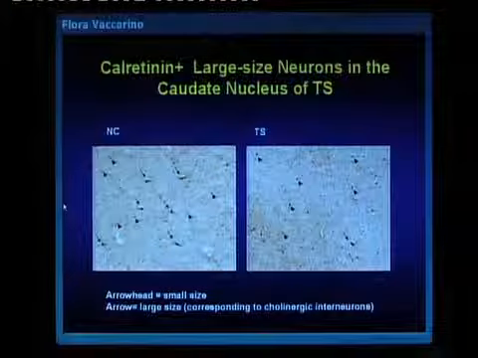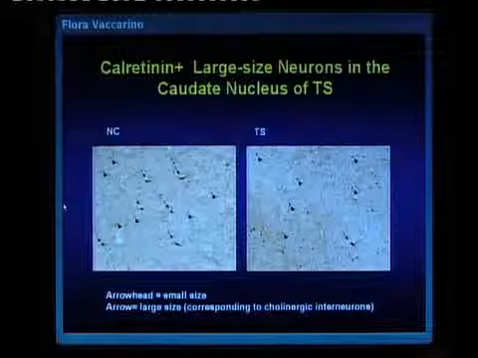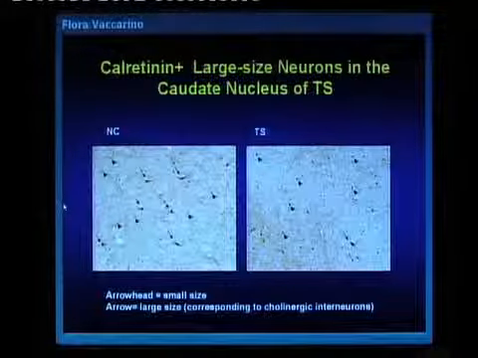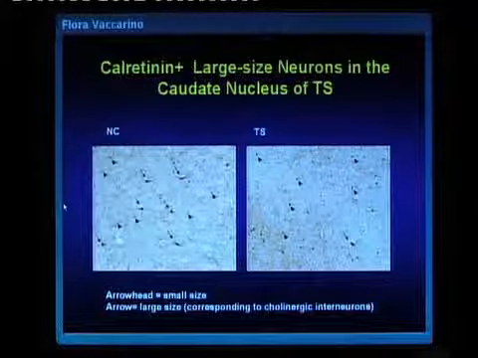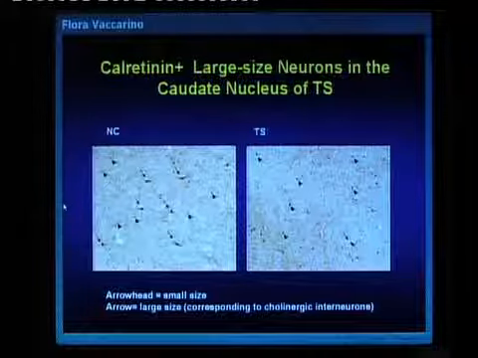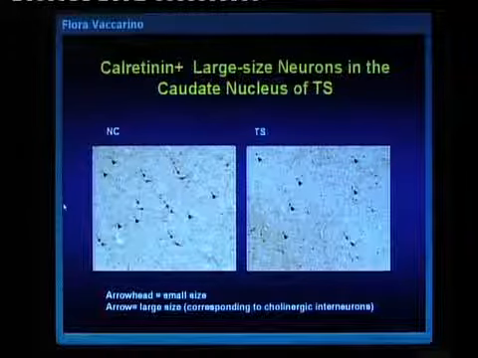One is calretinin, but calretinin is also expressed in this other type of small interneurons. I'm sorry, the arrows are the big ones, and the arrowheads are the small. So with calretinin, we could identify 2 subsets, the cholinergic big cells and the small interneurons. The interneurons have GABA, and these have acetylcholine.